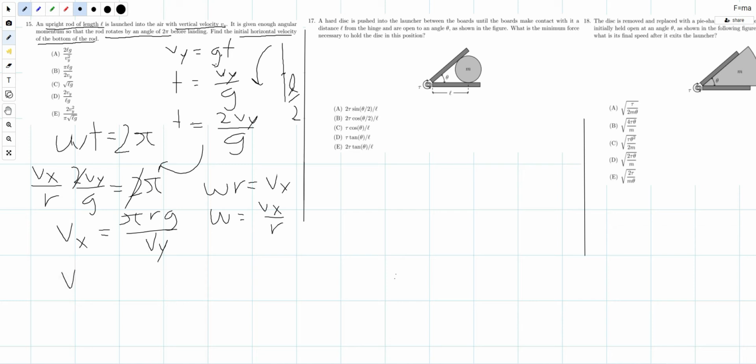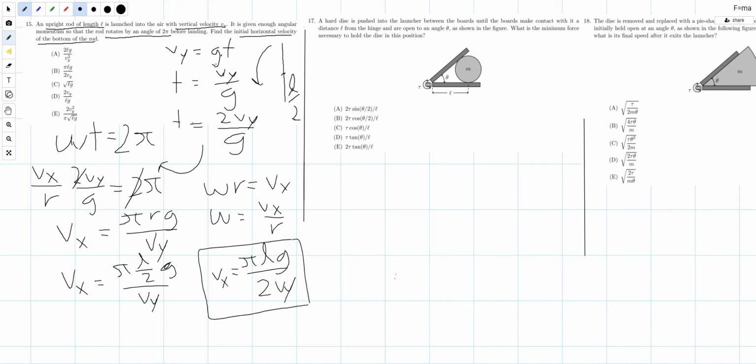And we get that v sub x is equal to pi L by 2 times g by v sub y, or vx is equal to pi L g by 2 v sub y. Which gives us answer choice B.